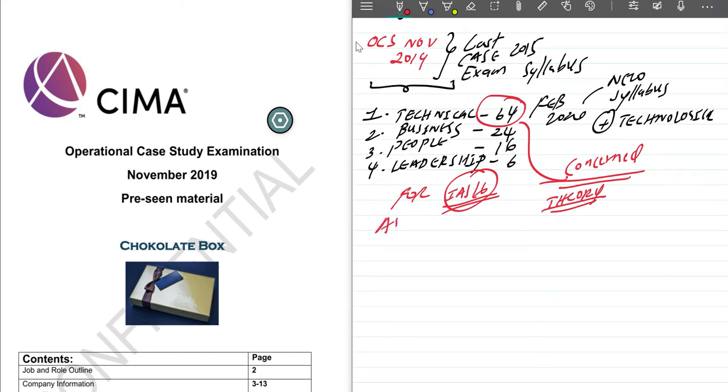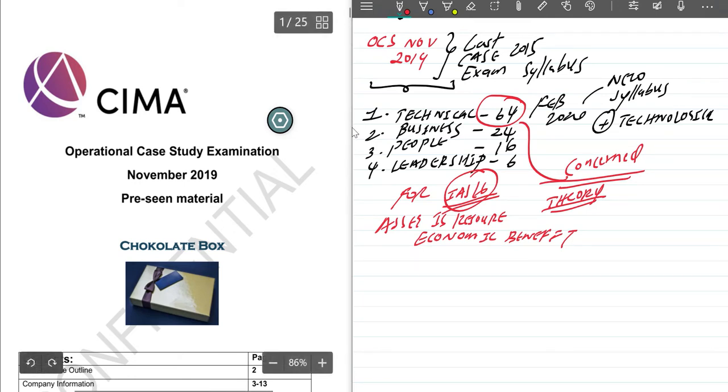That's wrong. You need to always mention asset is a resource which generates economic benefit. These terms are very, very important for the examiner to give you marks. So please keep that in mind. These are the major things you need to keep in mind.